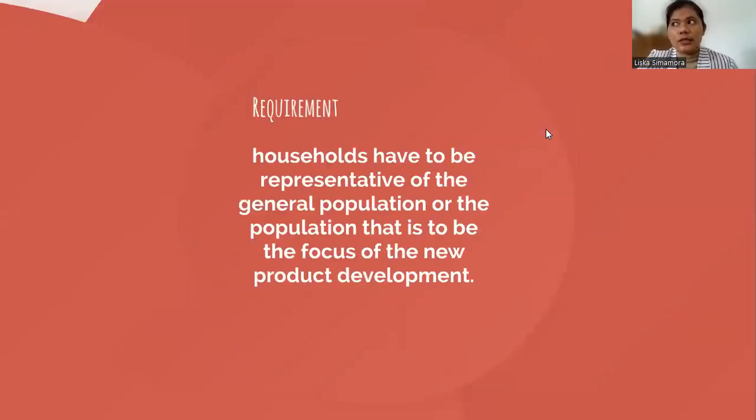When we do the at-home interview, the households have to be representative of the general population, or the population that is to be the focus of the new product development.